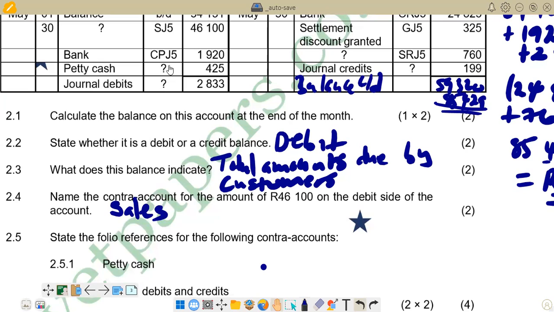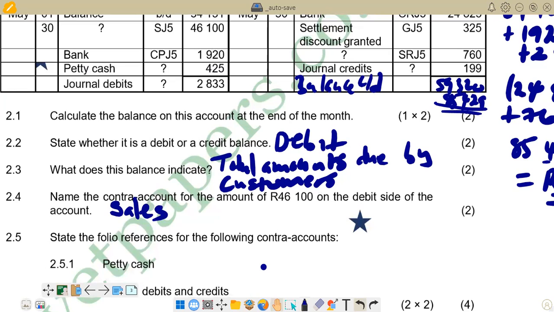So here they are saying which one is the folio reference of petty cash. Where did you get this information? Which book of original entry, or which subsidiary book or day book, did we take this amount of 125? And here it's written petty cash. So obviously it's coming from the petty cash journal.